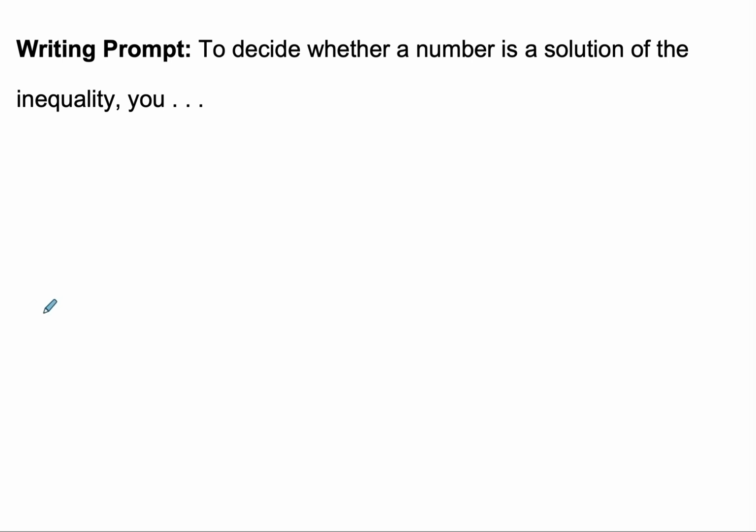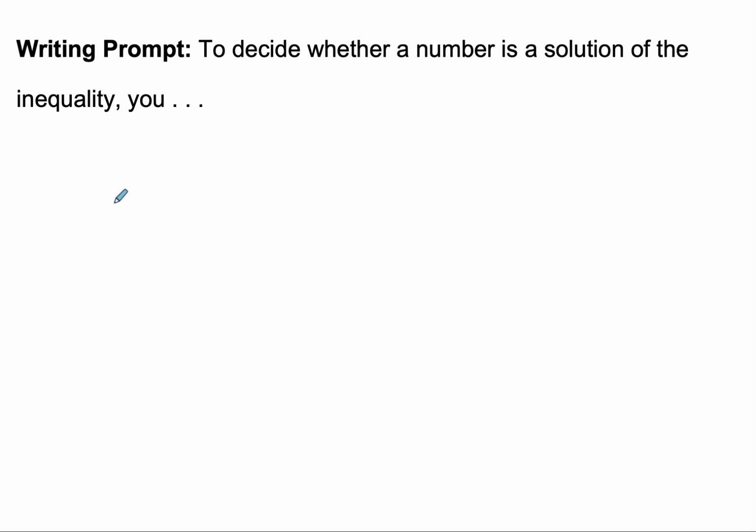Last one. To decide whether a number is a solution of an inequality, you go ahead and write down a solution. Pause the video, write down your solution. Okay, so let's go ahead and check our answer.